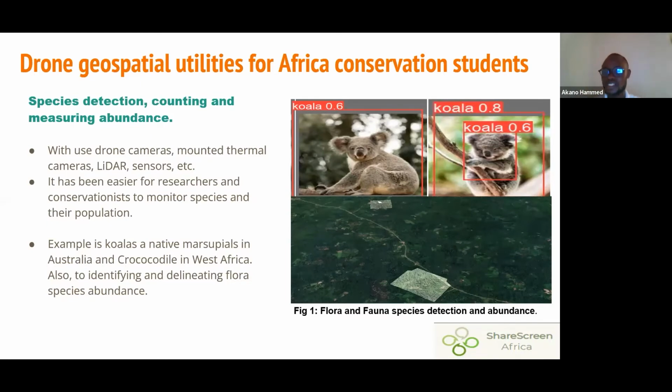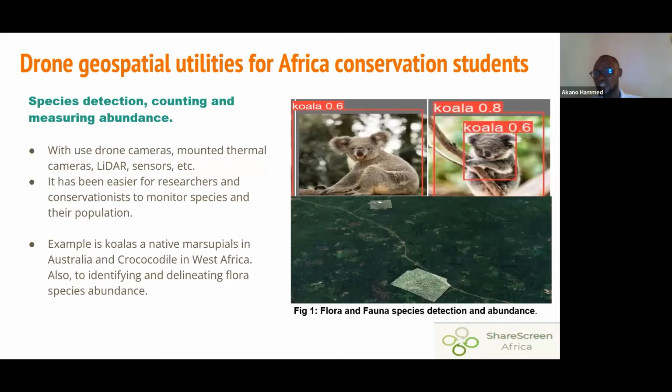With the images that we get with the drone shot, I train the models so that it's going to detect when we are monitoring the species of the koala in the forest. So it's going to detect, okay, this is a koala moving, and because it's a native species to Australia, it requires a more conservative approach in that particular area.